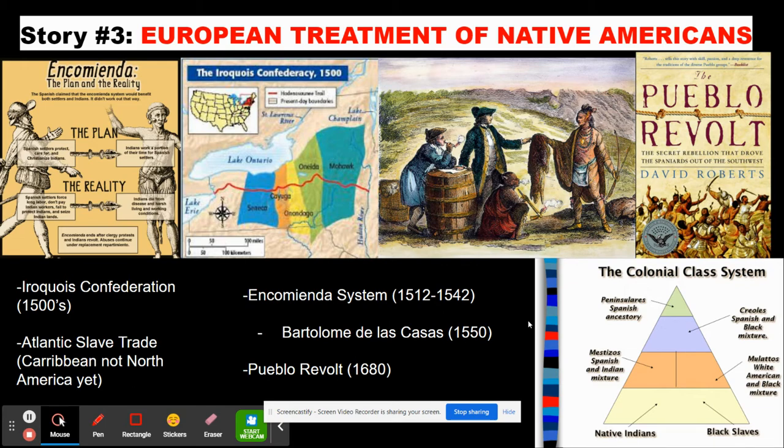Okay, so moving along, there is somebody that does begin to question the Encomienda System, and that is Bartolome De Las Casas. He is a Spanish priest, and while he owns land and slaves in the West Indies, he does begin to advocate for better treatment of natives and even persuades the King of Spain to implement the new laws of 1542 to end the Encomienda System.